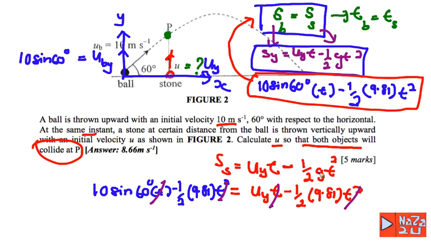Since this is 10 sine 60 and this is 9.81 divided by 2, the same process applies. The final answer: Uy, the initial u for the stone, is equal to 8.66 meters per second. So thank you.